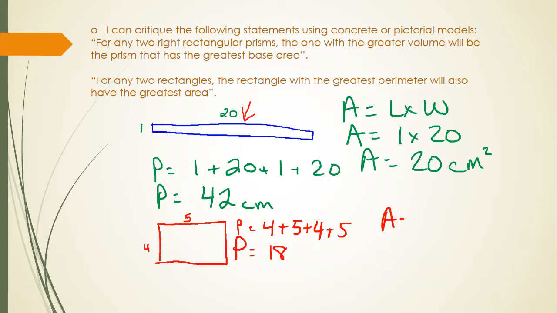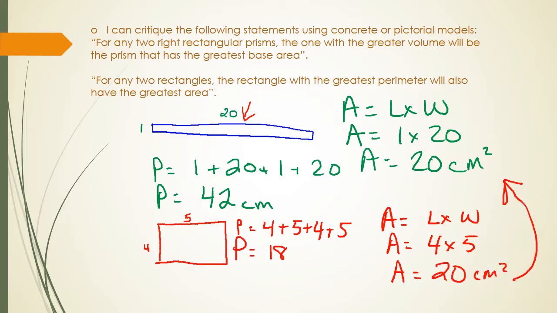The area of that same shape, length times width, is 4 times 5, which just so happens to be 20 again. So we know that there's different factors that we can use to get us to 20. 1 times 20 works. 4 times 5 works. Right, so we haven't changed the area, but we did change the perimeter quite a bit. We went from 42 centimeters all the way down to 18.